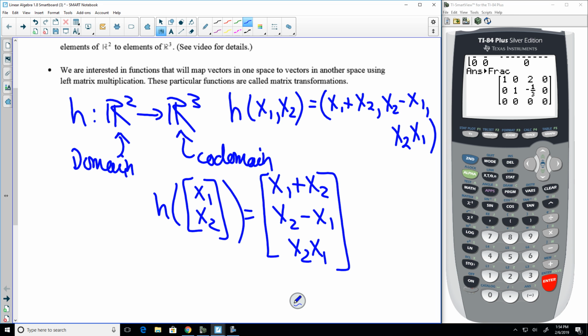And if we can make this thing happen by multiplying by a matrix, then that's called a matrix transformation. So this is just a transformation that transforms an R2 vector into an R3 vector. If we can accomplish this by multiplying by a matrix, we call it a matrix transformation.